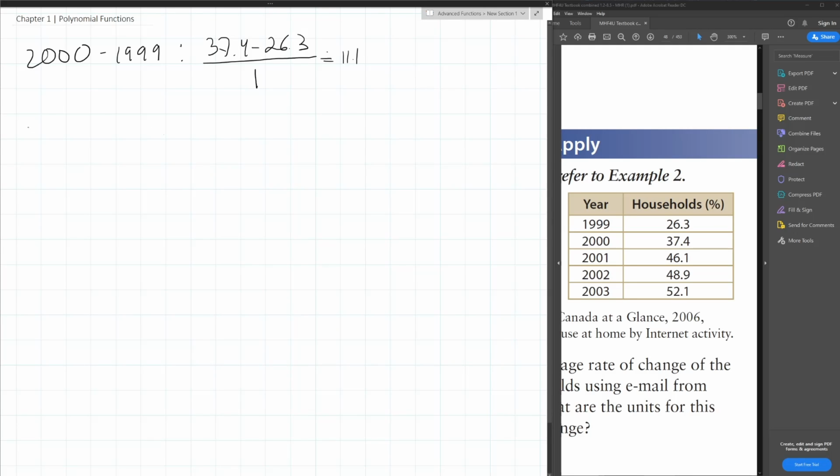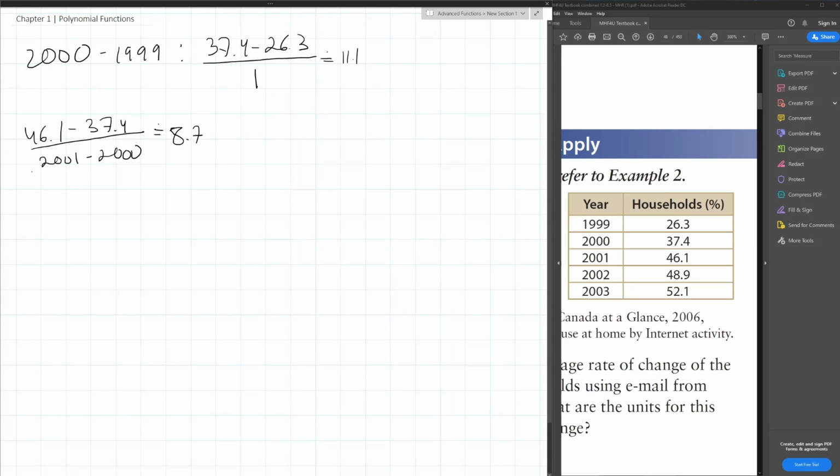Then we would have our next year, which is 46.1 minus 37.4 all over 2001 minus 2000, and that equals approximately 8.7.